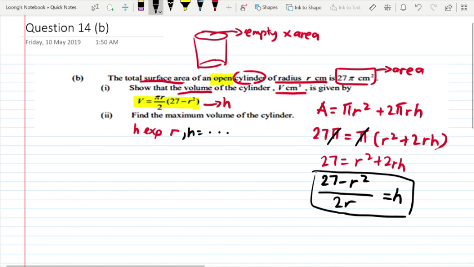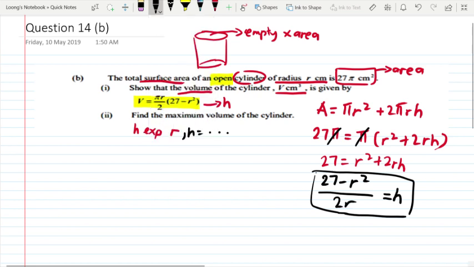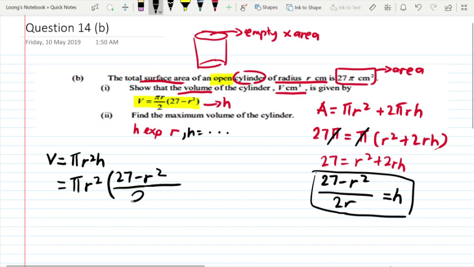So to start off, what we need to do is determine the formula for volume. The formula for volume of a cylinder is πr²h. So π, the r² remains the same, but the h is (27 minus r²) divided by 2r.